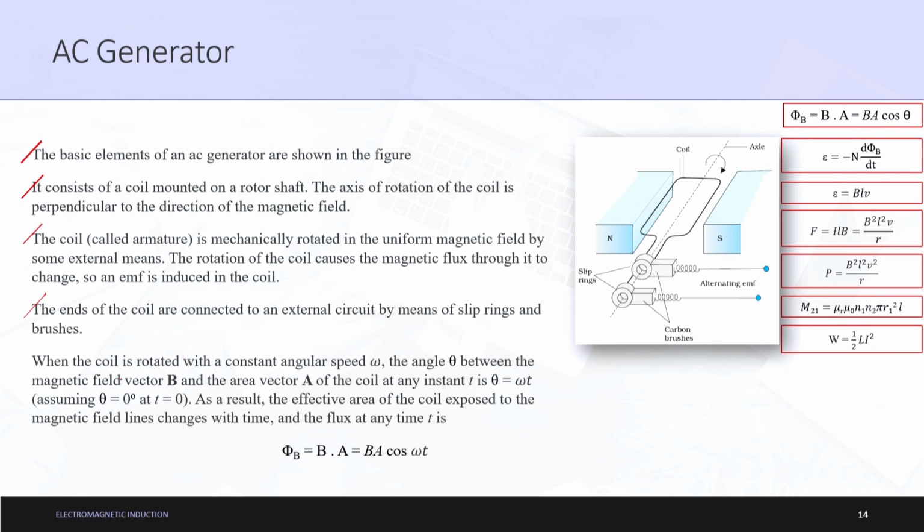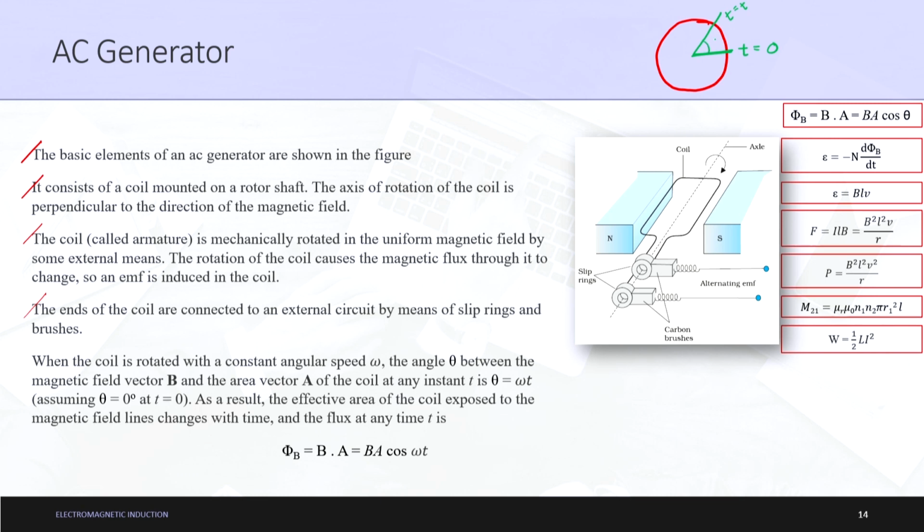Now, when the coil is rotated with a constant angular velocity omega, the angle theta between the magnetic field vector B and the area vector A of the coil at any instant t is theta equal to omega t. This is a simple concept. Let us say this is the circle in which the coil is moving, and at some time t it was here.